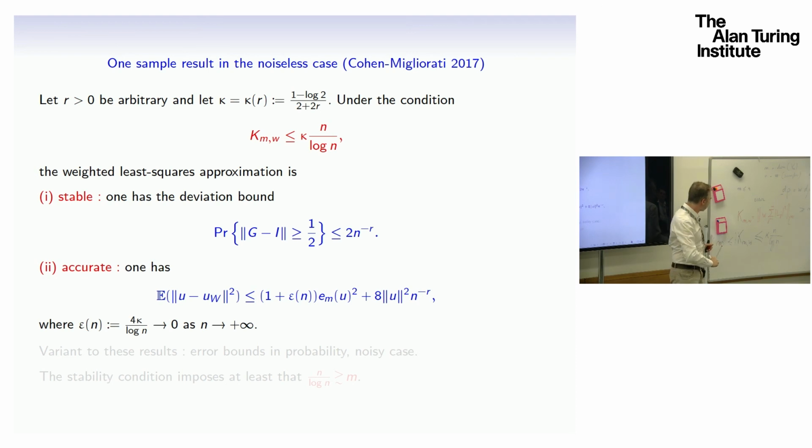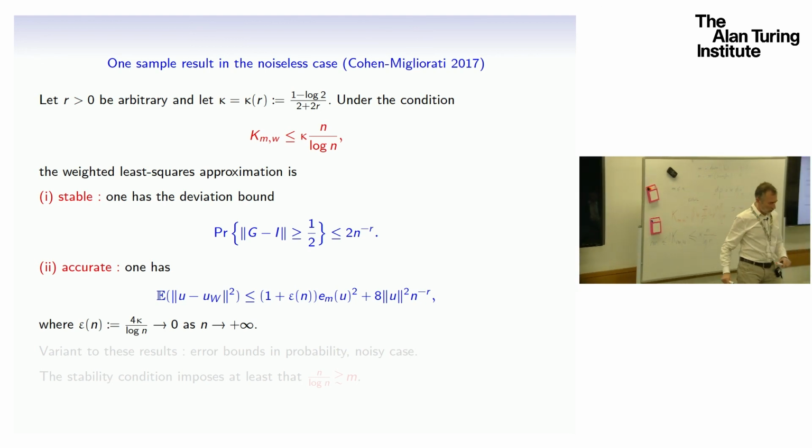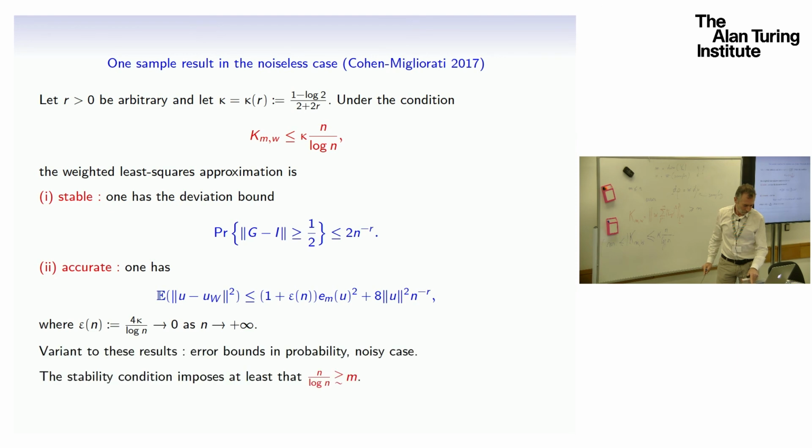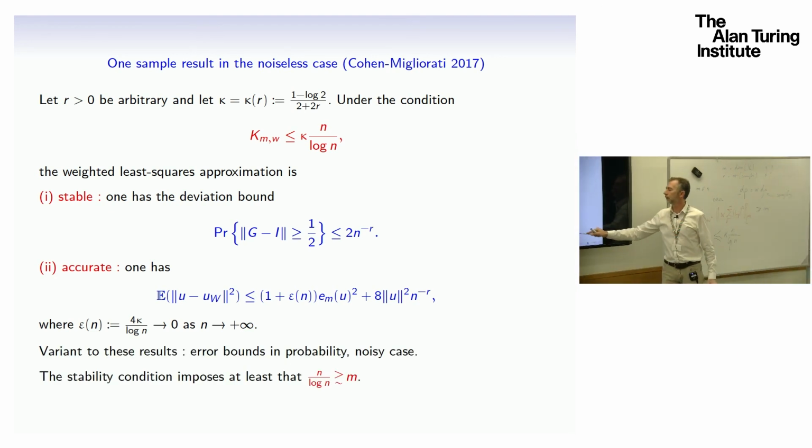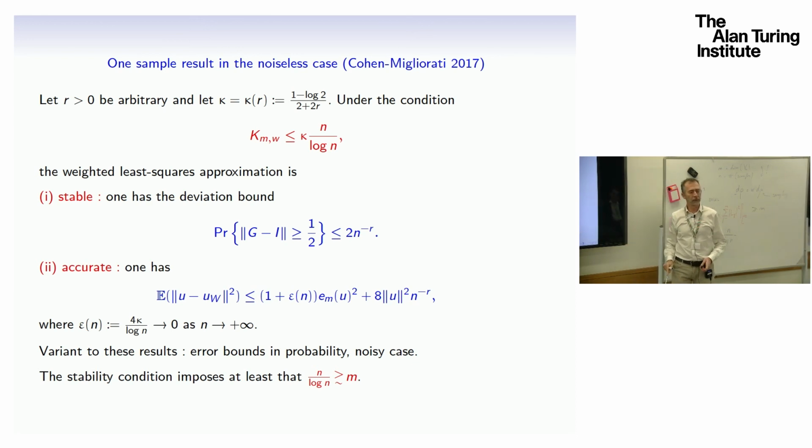Okay, we said that it's larger than m. In the ideal case where it would be exactly equal to m, you see that the regime is essentially that n is larger than m up to a logarithmic factor. Okay? This is what I'm writing here. So it at least imposes this condition, but it could be, in general, much worse.